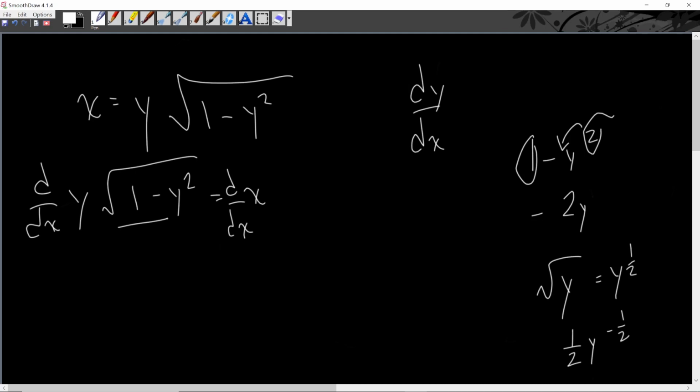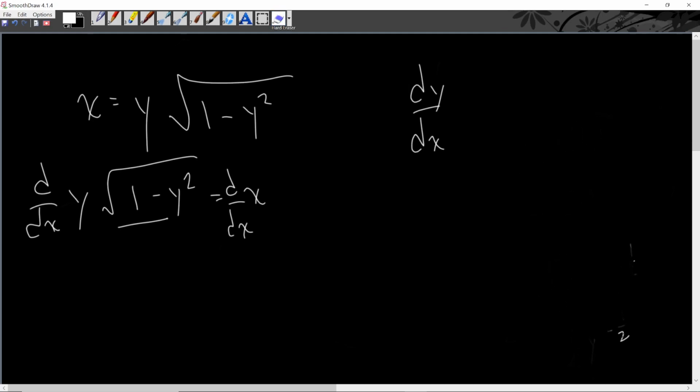All right. And then from here, let's write it down. I'm actually going to use prime notation just to make this a little bit easier to look at. y prime times the square root of 1 minus y squared plus y times, I'm actually going to drop y prime notation immediately because we just evaluated all of the necessary derivatives.